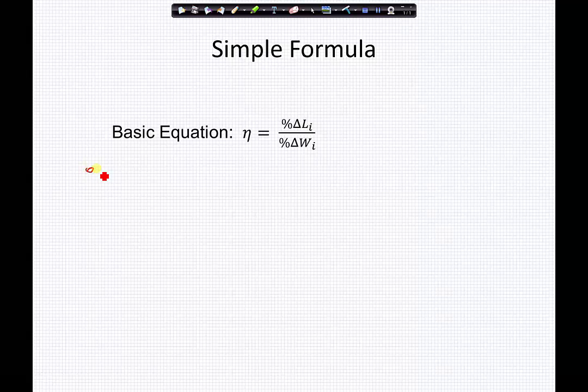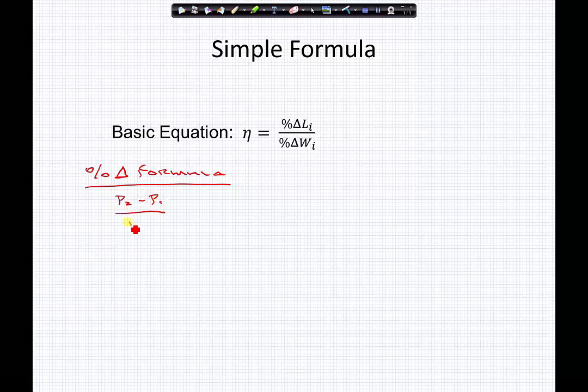If we're thinking about the percentage change in prices, the percentage change formula is noted as P2 minus P1 divided by P1 times 100, where P1 is the original price, P2 is the price that is being changed to.